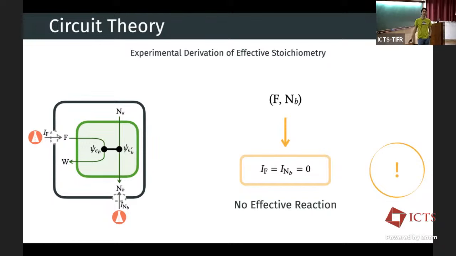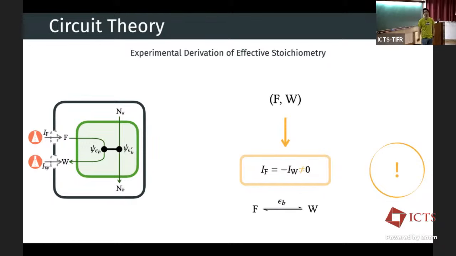Now, if I finally get the right pair of species, like F and W, and I wait for a steady state, I will end up with something like this.